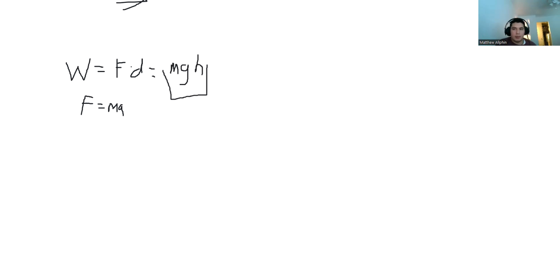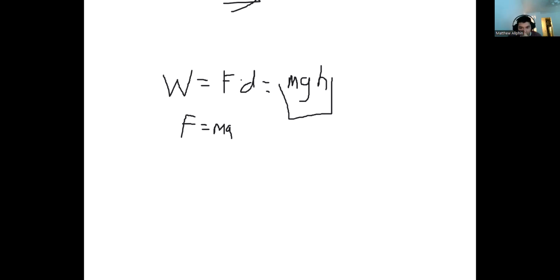If there's an example problem, I'll go through it briefly. Let's see if I can find it. I think there's a couple, or we'll talk about the work kinetic energy theorem in a second, but we have number 6 here. It says how much work is required for a 68 kilogram person to climb up 5 flights of stairs, approximately 18 meters.